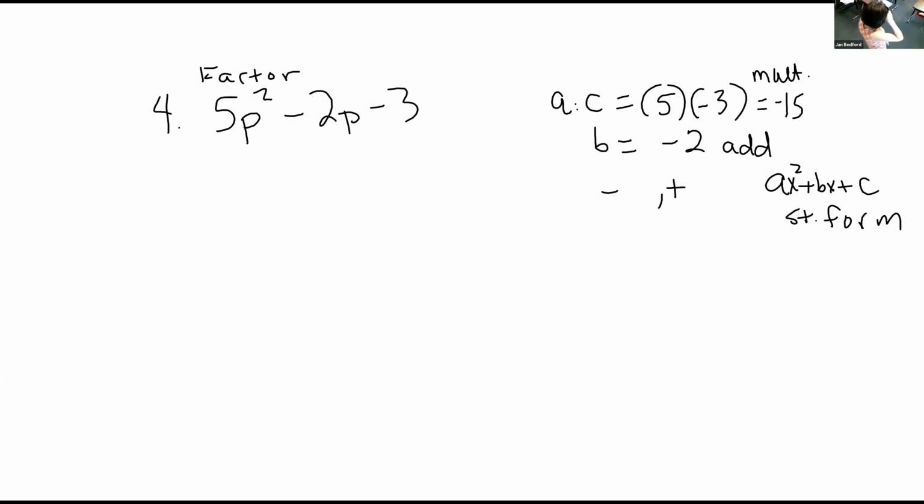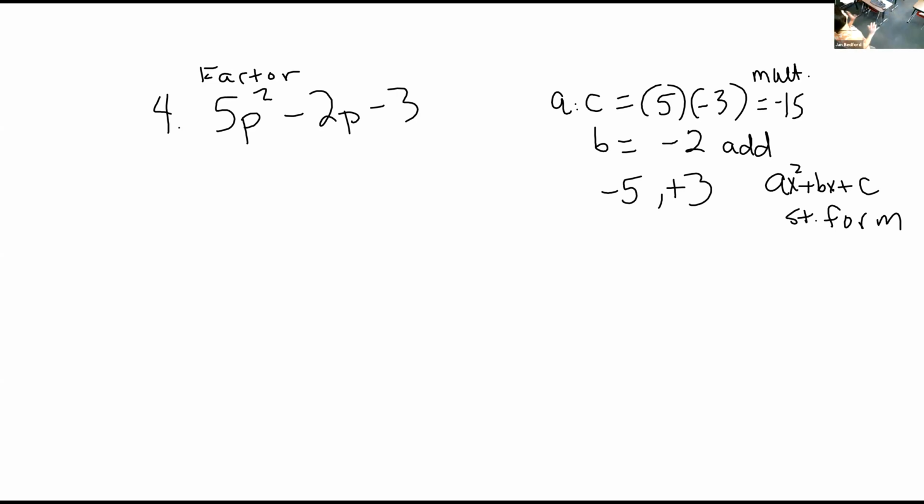And the pair that would add up to give me -2 is going to have to be 5 and 3. But I've got to figure out, does that mean it's a -5 positive 3 or a -3 positive 5? -5 positive 3. Remember, if I'm adding and the signs were different, my answer took the sign of the larger number. So since it's a -2, 5 has to be negative, 3 has to be positive.